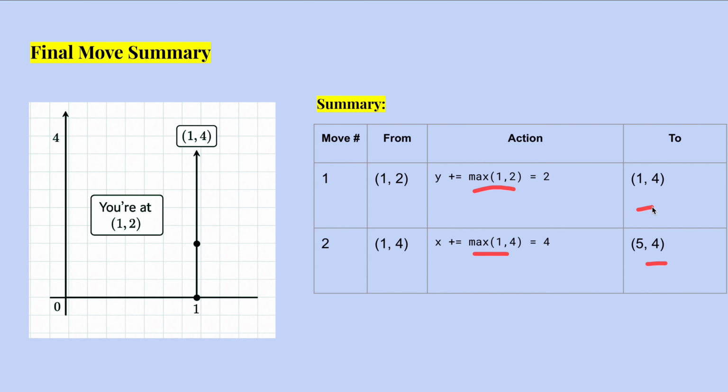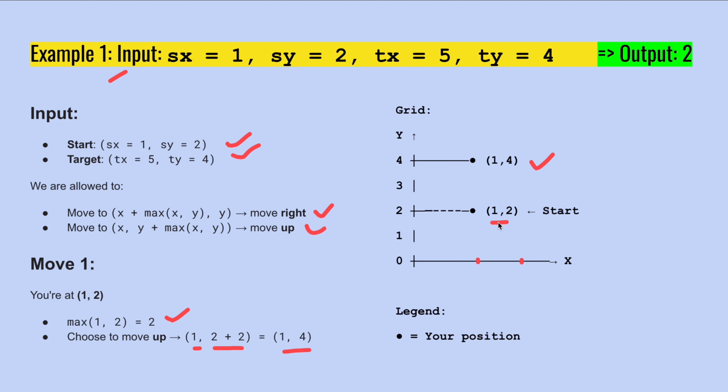So with the two moves, when we are at 1 2, right? You can move to where? 1 plus 2. Let's suppose the max is 2, right? So if we take the right move, it is 1 plus 2 and the other is 2.